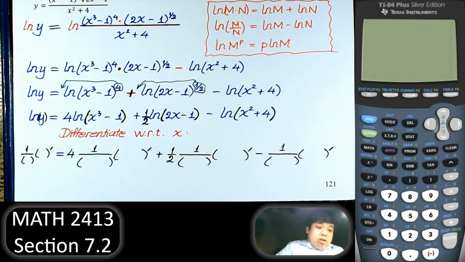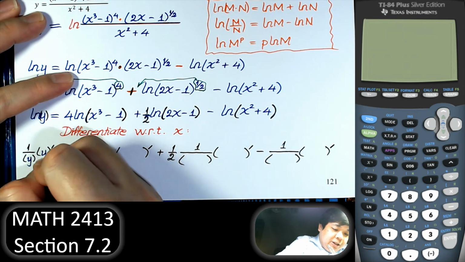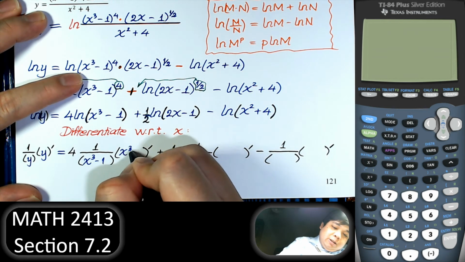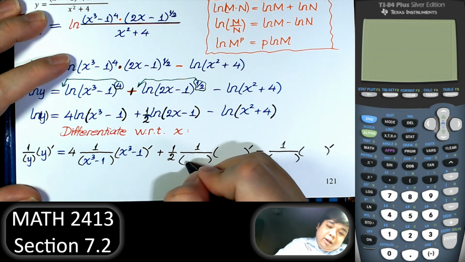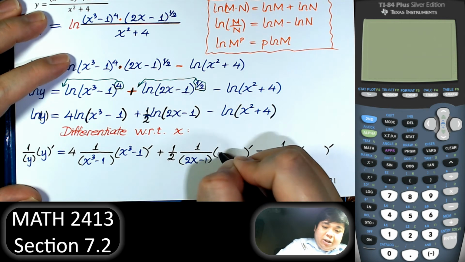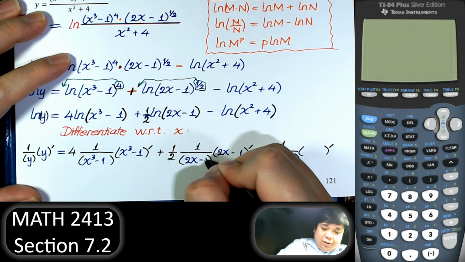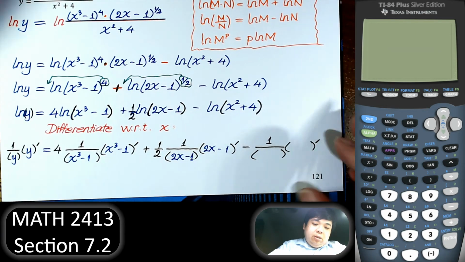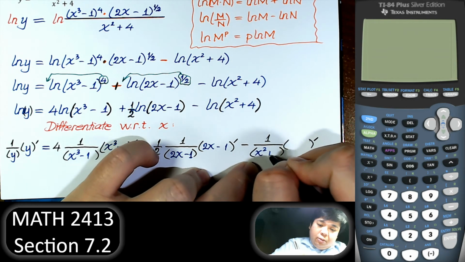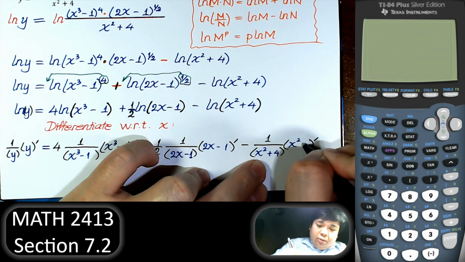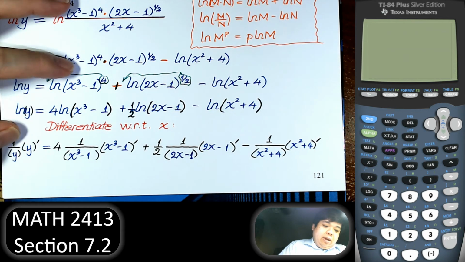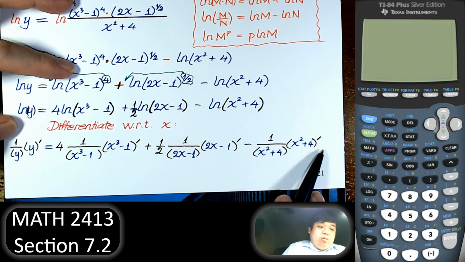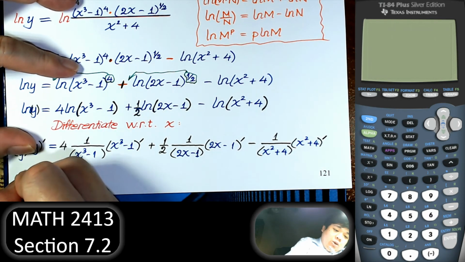Right, now just going to put y here. x cubed minus 1, 2x minus 1, x squared plus 4, and then we have the y at the bottom. We can multiply y on both sides, so we have y prime.